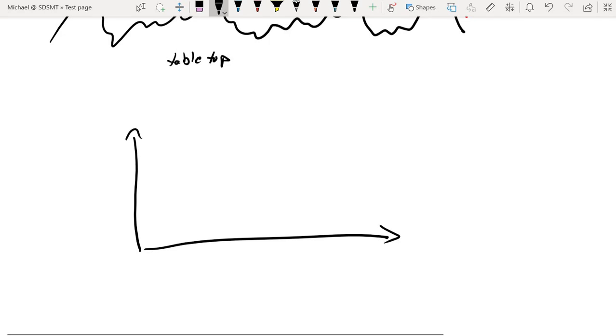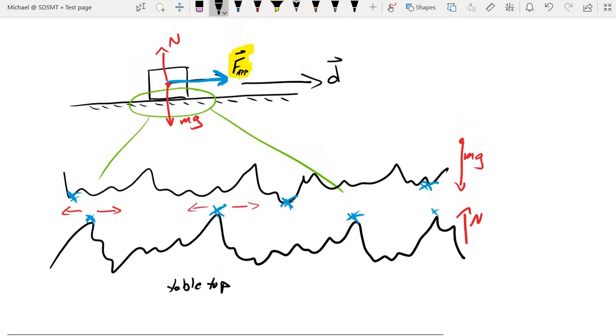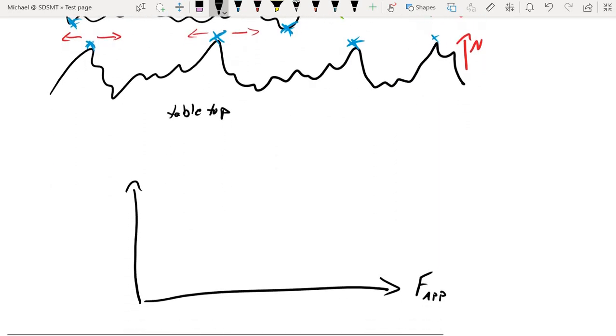On the horizontal axis, we're going to have the amount of applied force that we have been placing on our mass. And then we're going to have what we call a friction force.